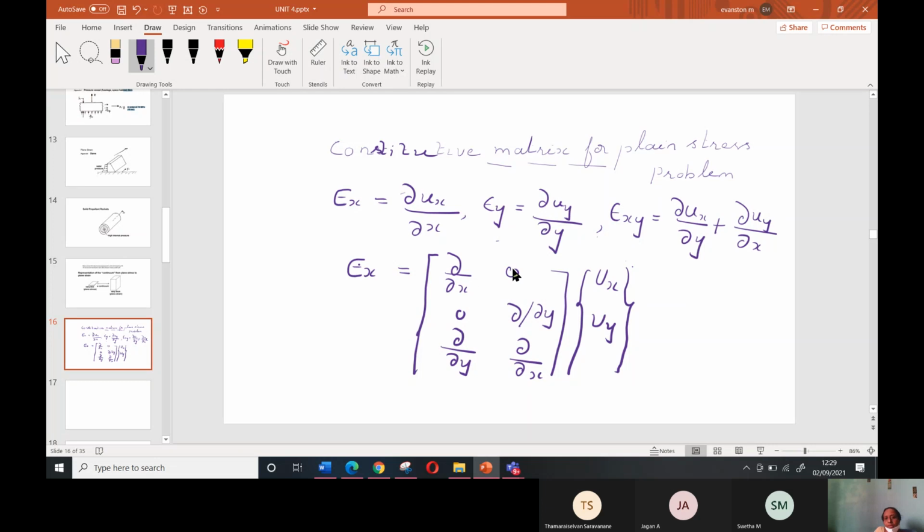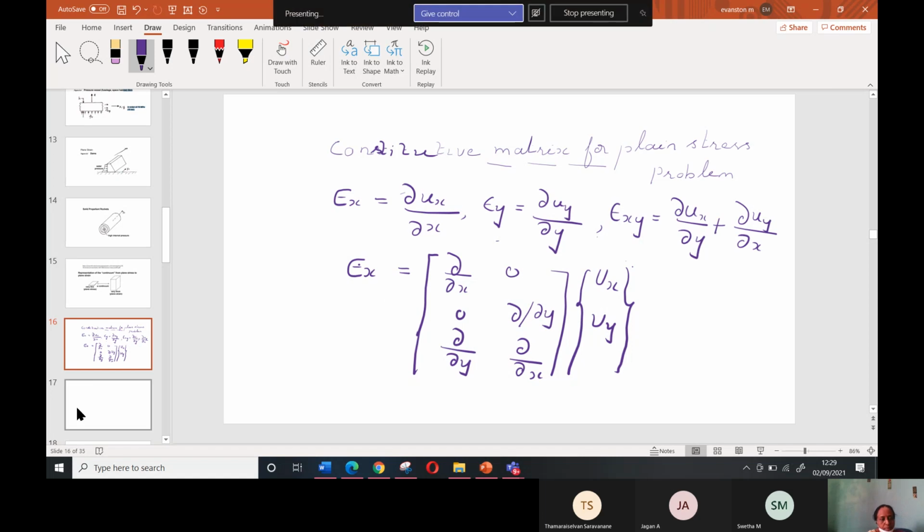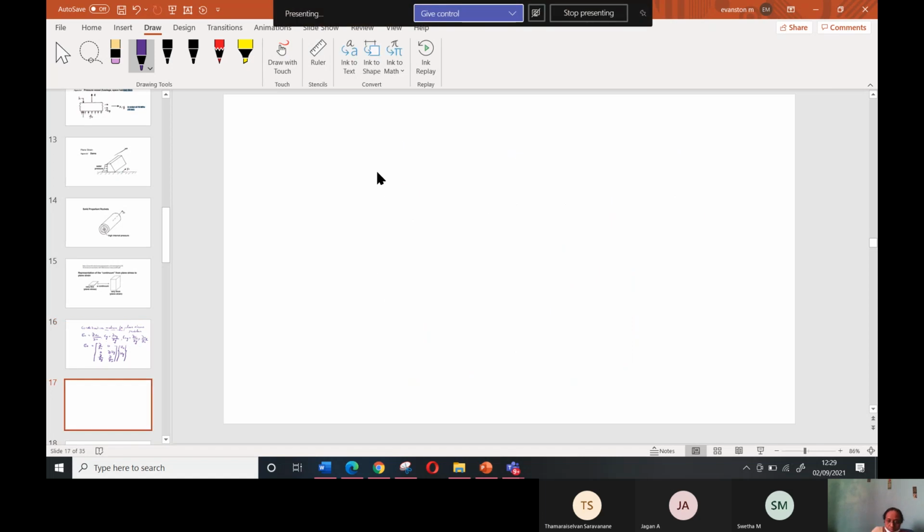So now when you multiply, you'll be getting these values. For the plane stress problem, we have sigma x, sigma y, and sigma xy. We'll formulate for the plane stress problem, then we'll move on to the plane strain problem.